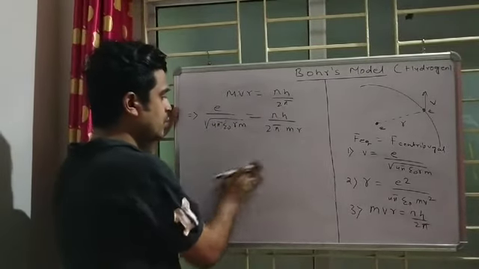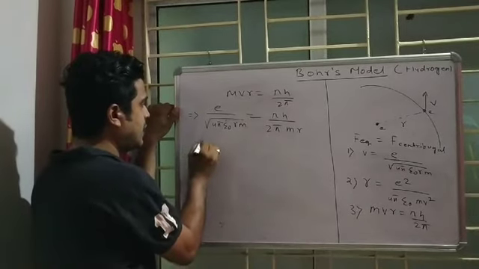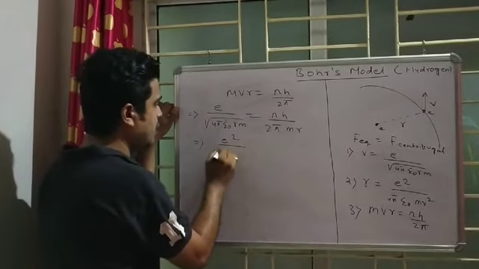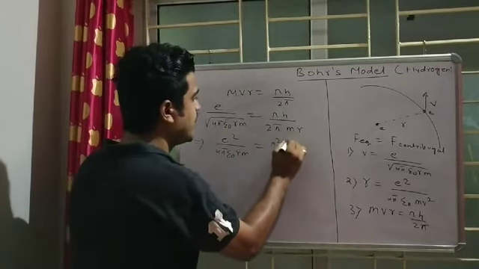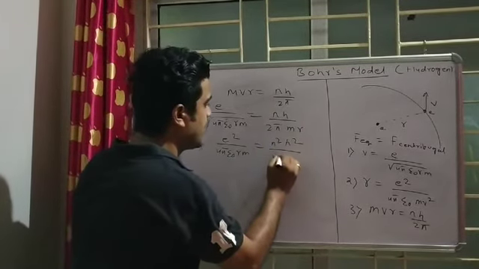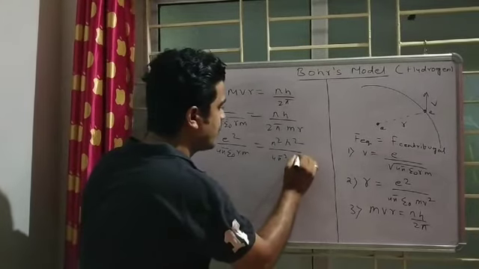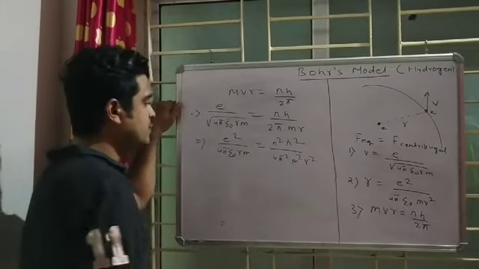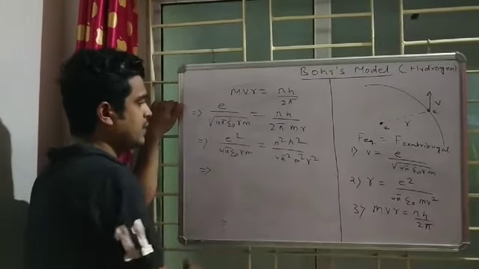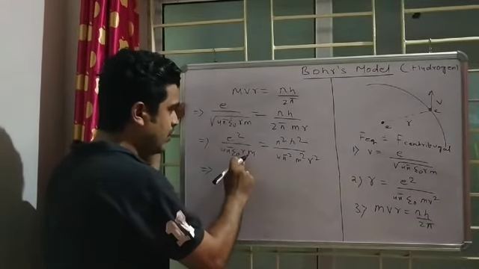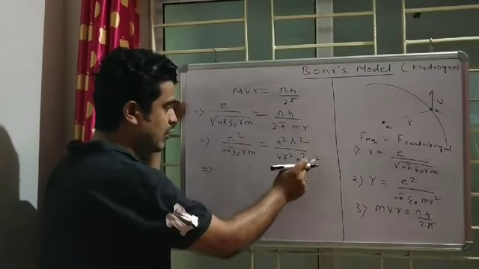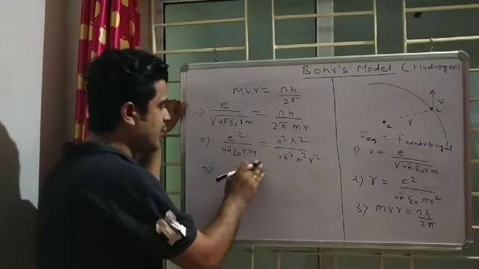If I square both sides, I will get e square upon 4 pi epsilon 0 r m equal to n square h square upon 4 pi square m square r square. So I need to calculate r. I will bring this r square to this side, then I will be able to calculate r.